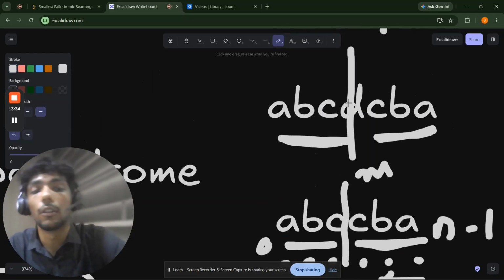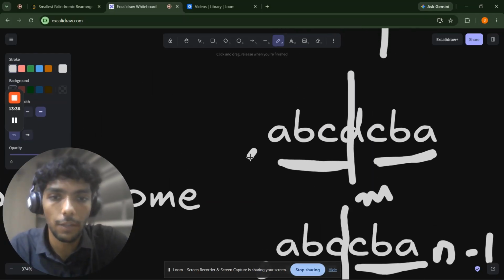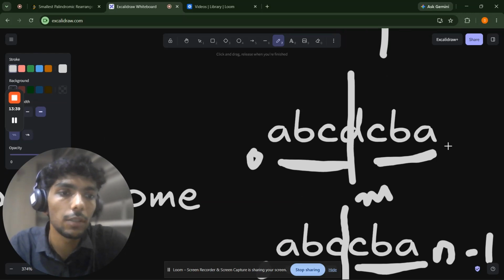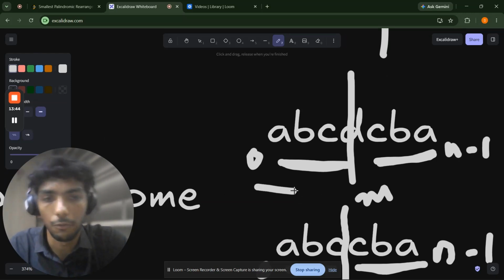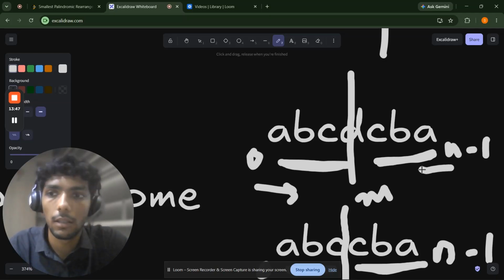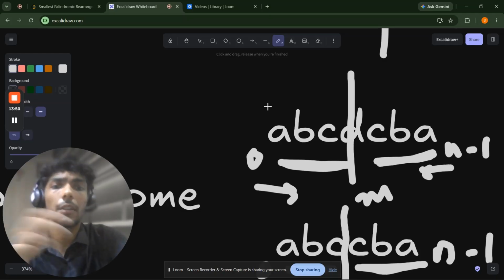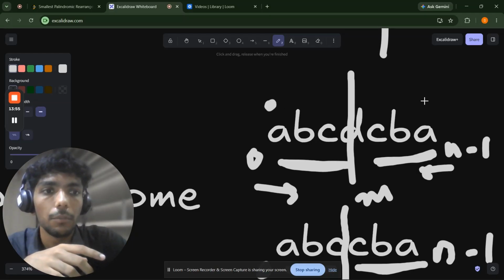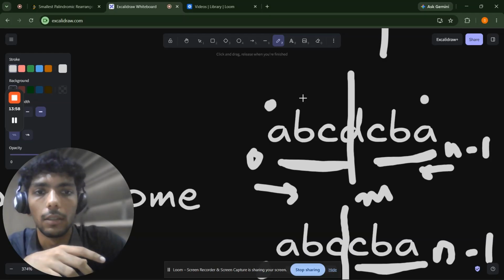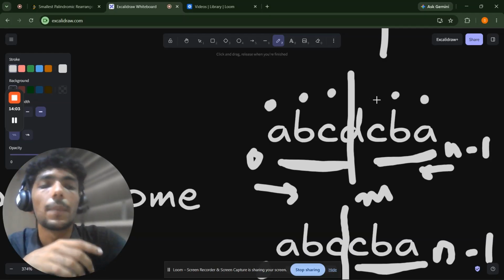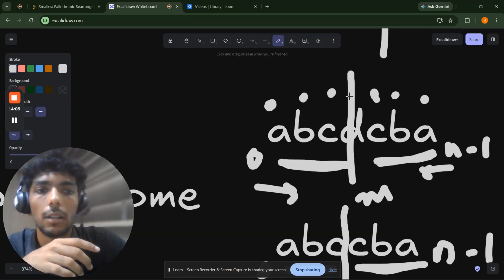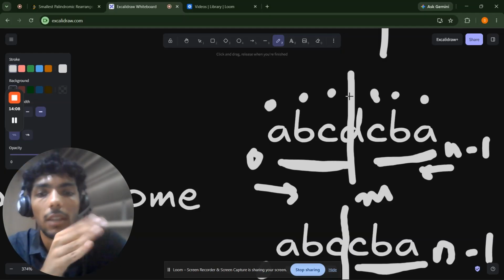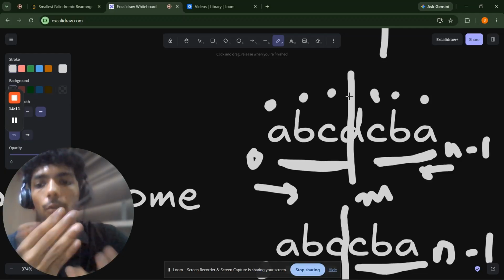Here also we start from 0, here also we start from n-1, then we move towards right, we move towards left, and we try to maintain that the current left should be equal to the current right. This current left should be equal to the current right. This current left should be equal to the current right. And the one in the middle does not matter because there is nothing for it to compare.